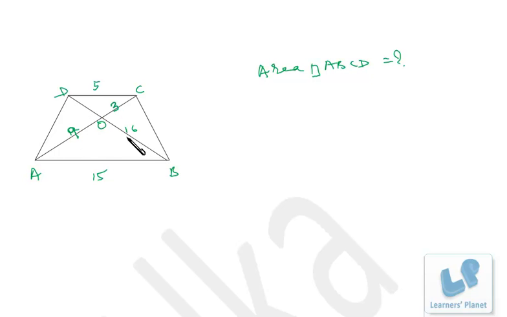Similarly, if this entire length is 16, we break it into 1:3 ratio, so that's 4 and 12. You can see 3, 4, 5 are a Pythagorean triplet, and similarly 9, 12 and 15 are also a Pythagorean triplet. That means this angle is 90 degrees and this angle is 90 degrees.